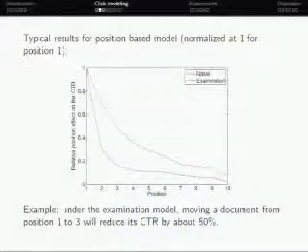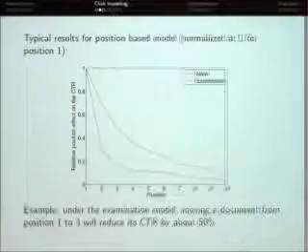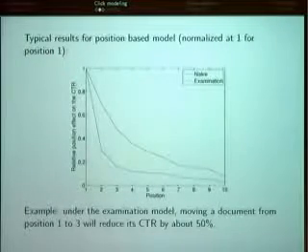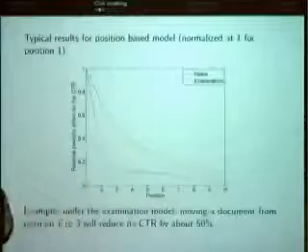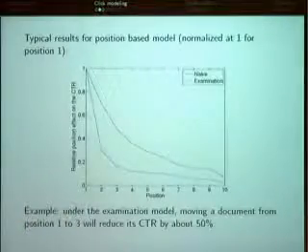So, if you look at this plot and do it separately for navigational queries and informational queries, you would have very different plots. In particular, it's going to drop much more quickly for navigational queries.